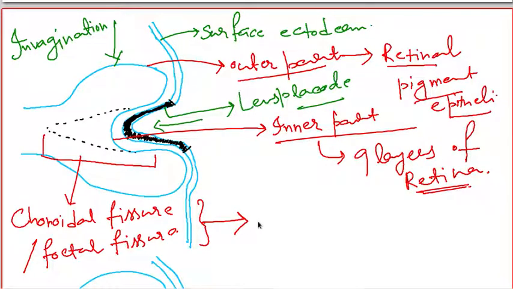So it should be closed off, and it closes off by 6 to 7 weeks of gestation. And if it is not closed, it will give rise to a defect. We will discuss it later.